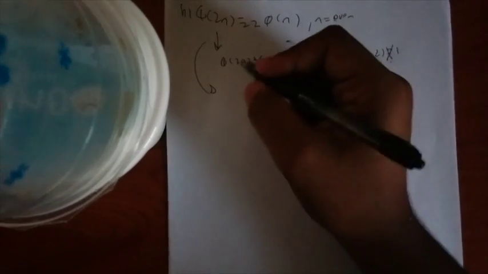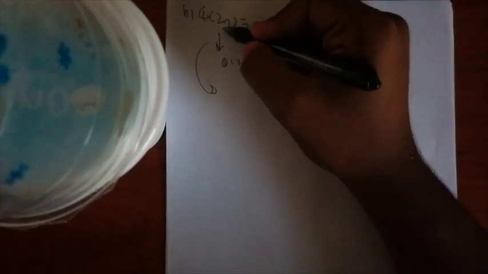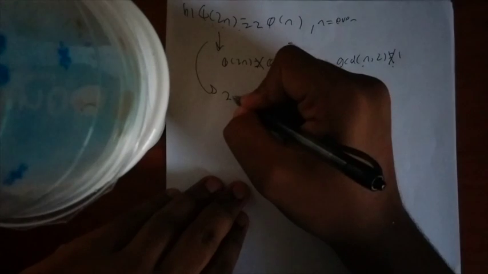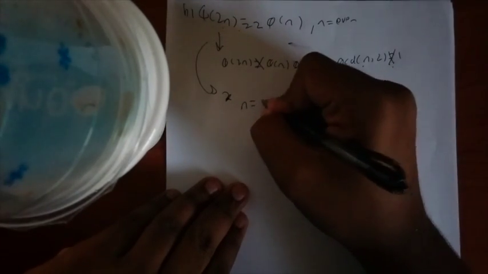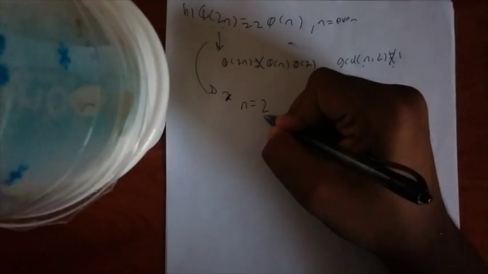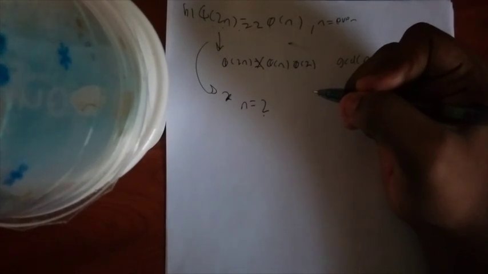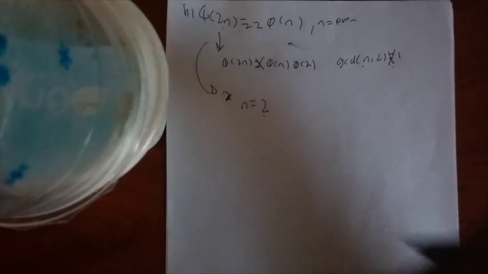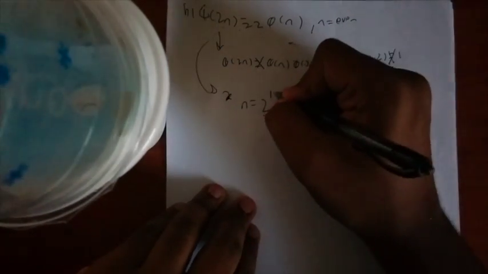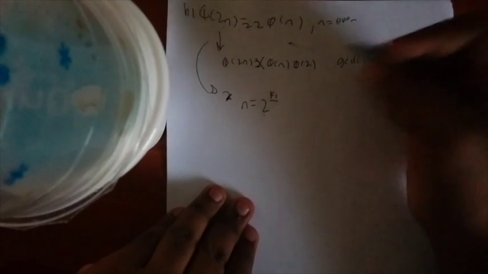So let's try writing out explicitly what phi of 2n represents. In terms of prime factorization, since n is even, we know one of the terms is going to be 2, right? So 8 is 2 cubed, or 34 is 2 times 17. It's always going to have some number of 2's in it. So we can call that unknown amount k1.